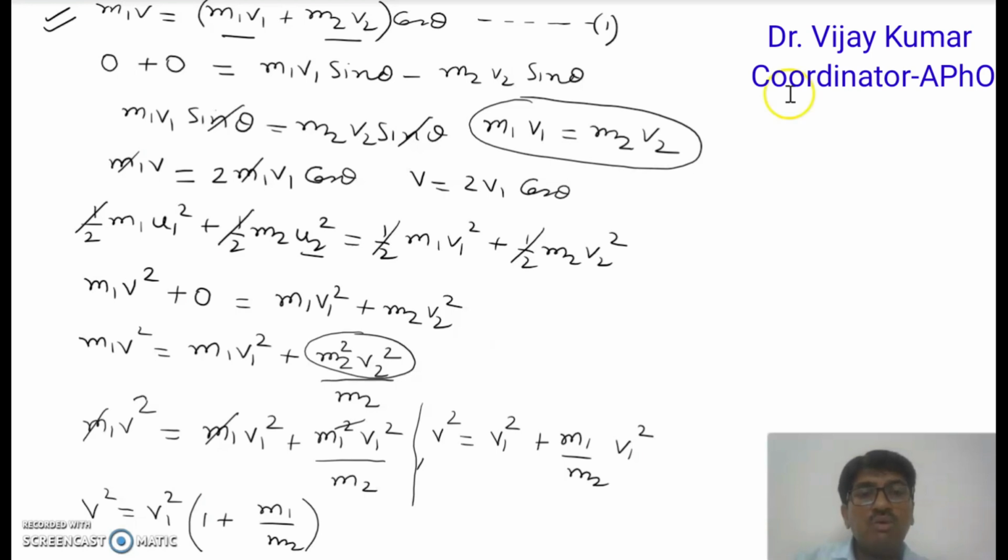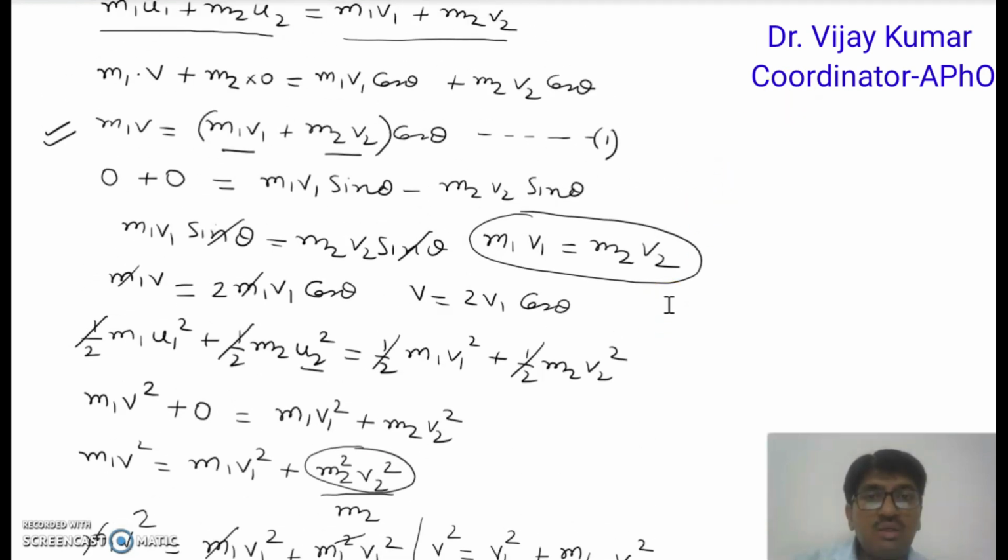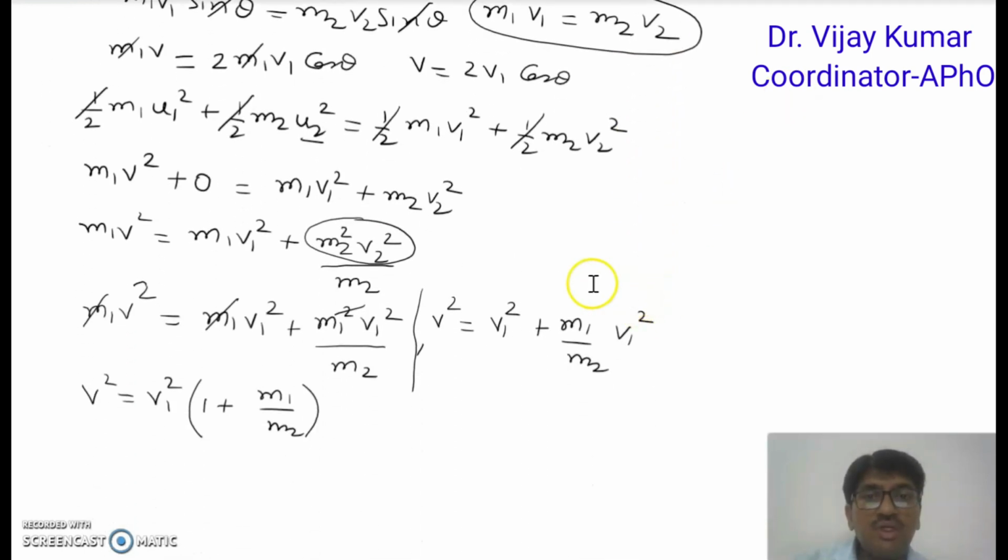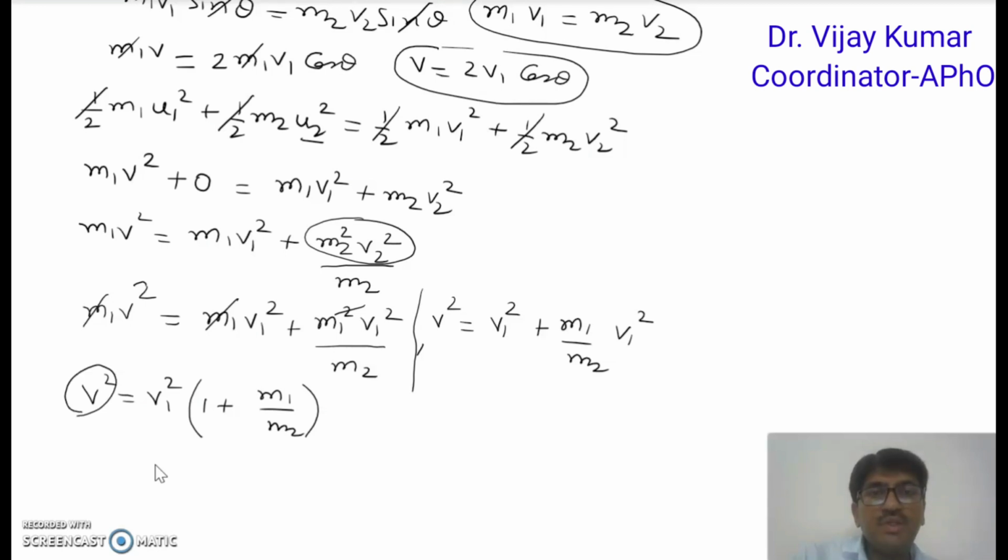We know that v equals 2 v1 cos theta, so putting this value of v in v square, it becomes 4 v1 square cos square theta equal to v1 square times 1 plus m1 upon m2.